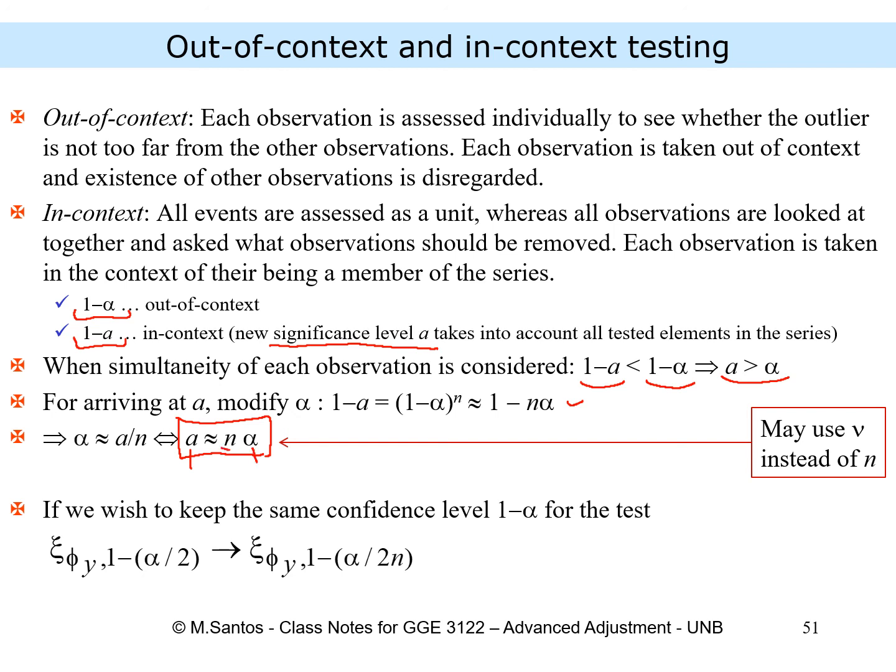What relates them is the number of observations or the number of degrees of freedom. Okay, so which means that if we're doing an in context test, but we want to use the same confidence level 1 minus alpha, we just basically replace alpha.